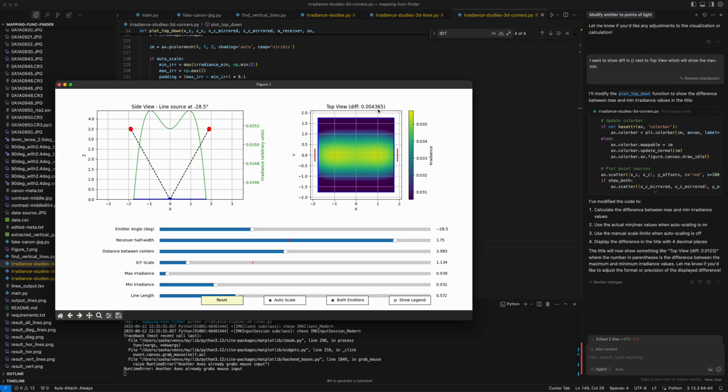This diff here is the difference between min and max of irradiance on this xy plane. Technically I can change the scale here myself if I want to make it more realistic looking, because the difference is not that big, but it doesn't matter.